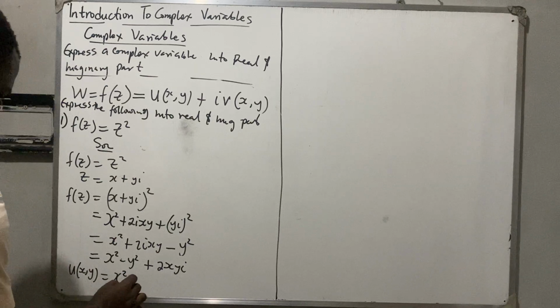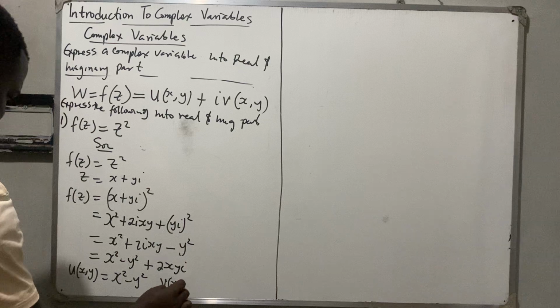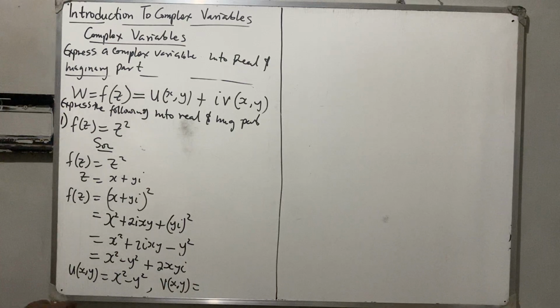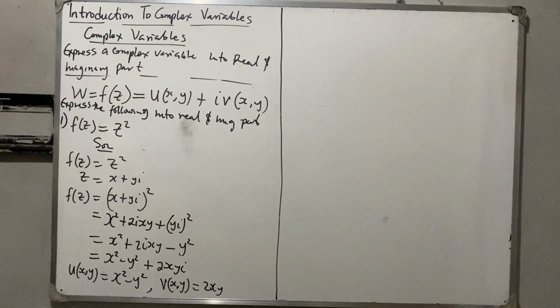This one is the real part, which is the one that does not have i. Then your v of x comma y will now be this part that has i, which is 2xy. So you have expressed this complex variable into its real and imaginary parts. Okay, as simple as that.